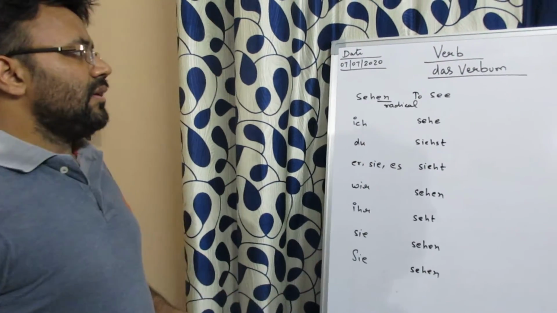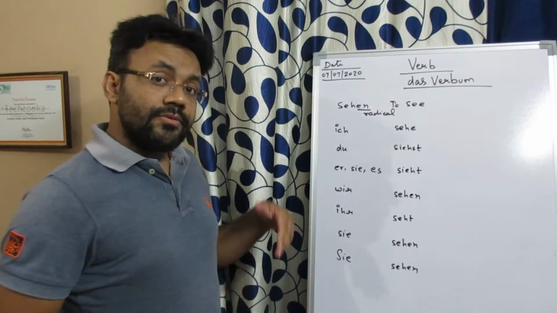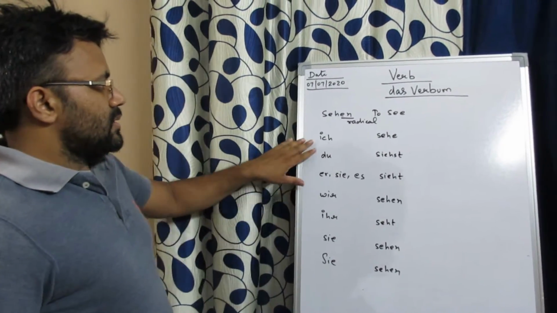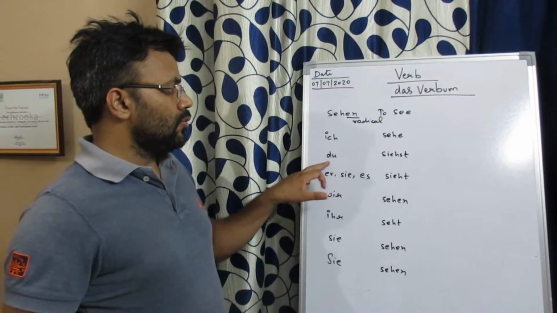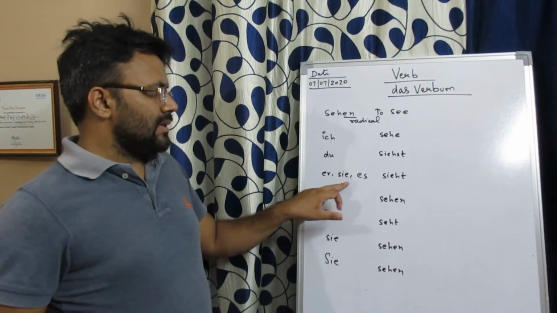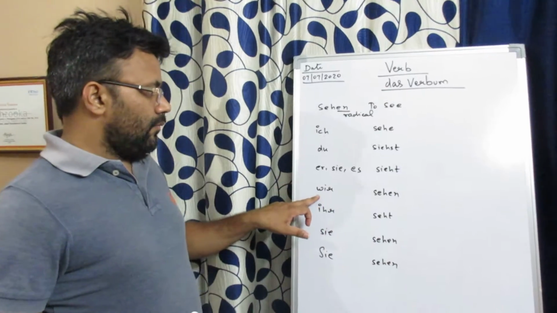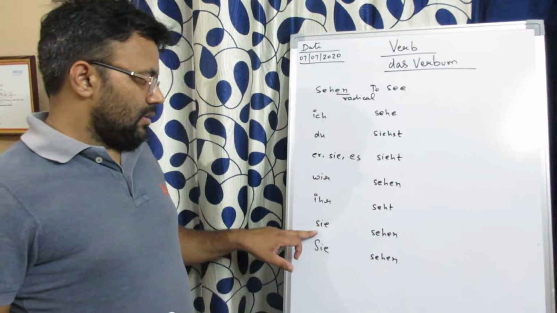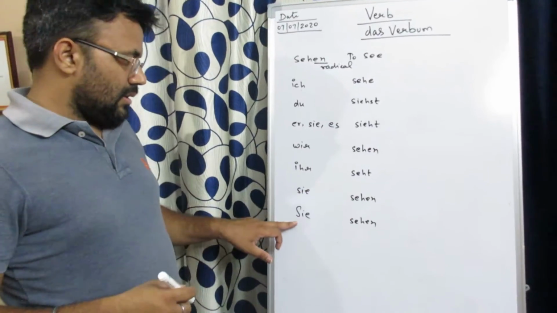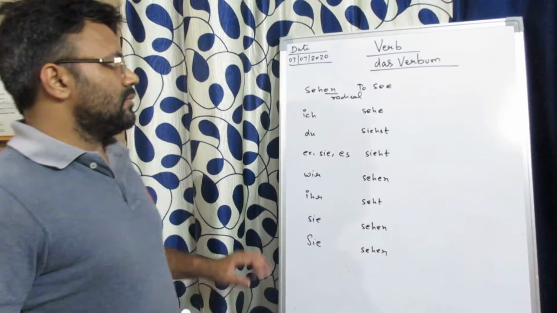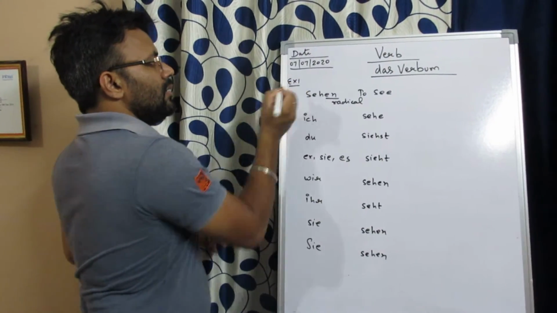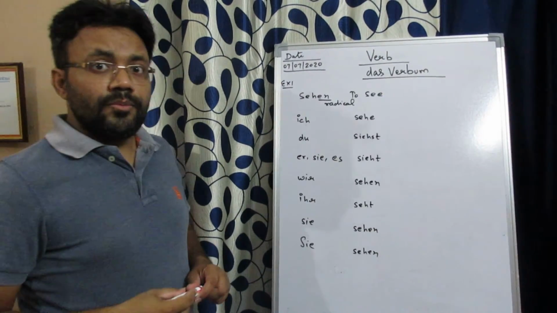So this is the way we write and try to understand this verb form. Ich sehe, du siehst, sie, es sieht, wir sehen, ihr seht, sie sehen, Sie sehen. So this is the first example of this Verbum.